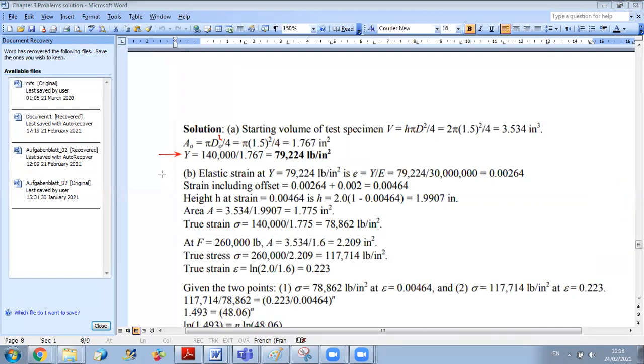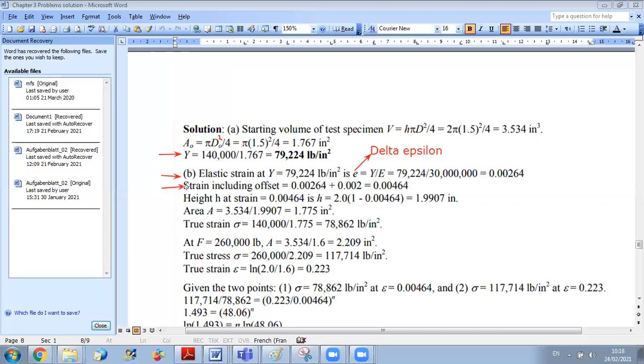Just to make it clearer, this is delta epsilon. They calculate delta epsilon first, which is yield over elasticity modulus, and then they added 0.002 to take into consideration the offset. So we have the value here of the engineering strain at yield.